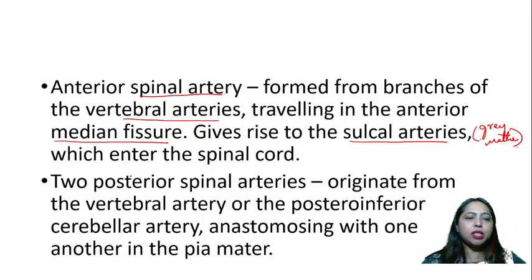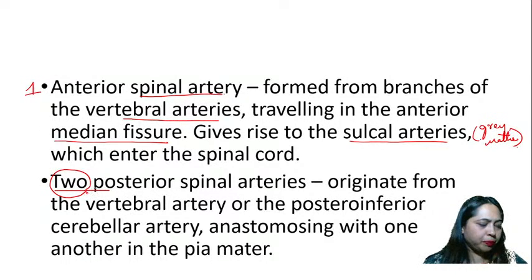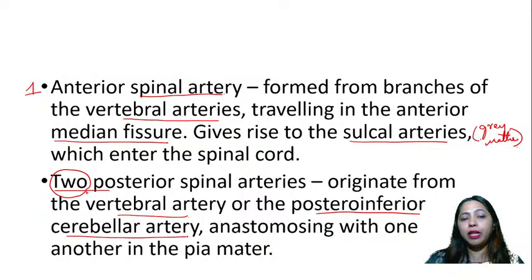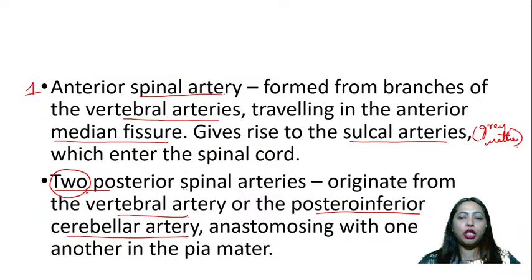Okay. Next, the posterior spinal arteries are two of them. You must remember, anterior is only one and posterior there are two of them. These two posterior spinal arteries originate from the same vertebral artery, or the posterior inferior cerebellar artery can also give rise to the posterior spinal artery. So this is one variation that you may see in some people.